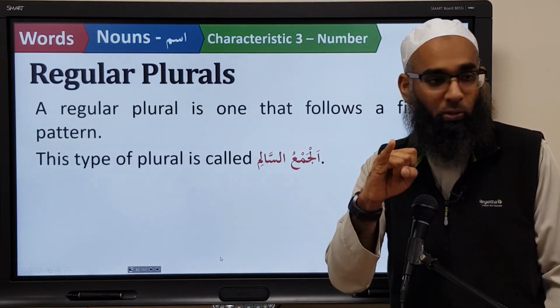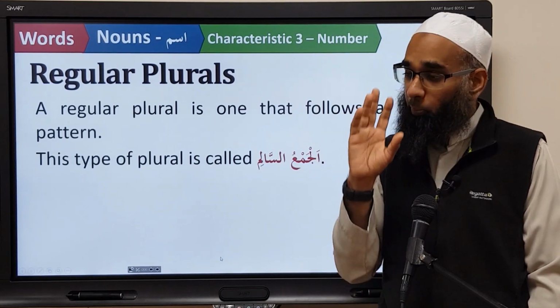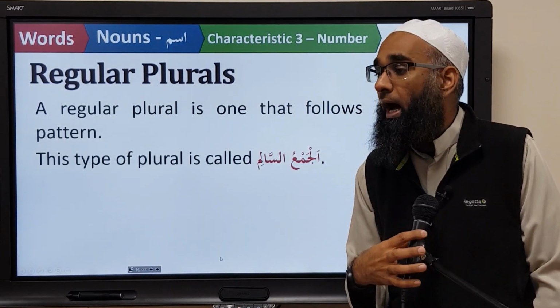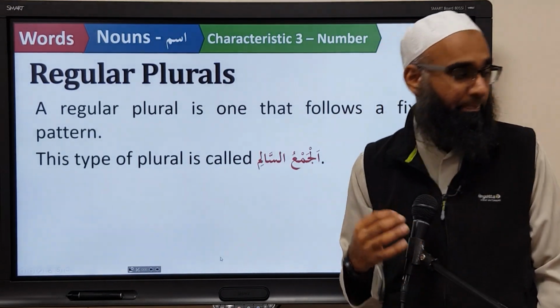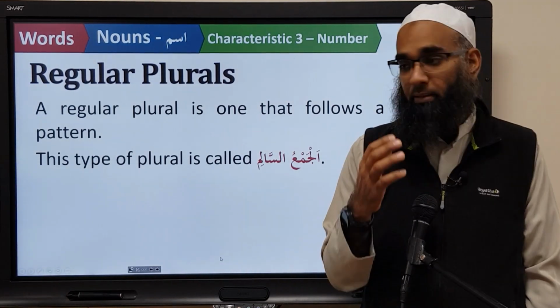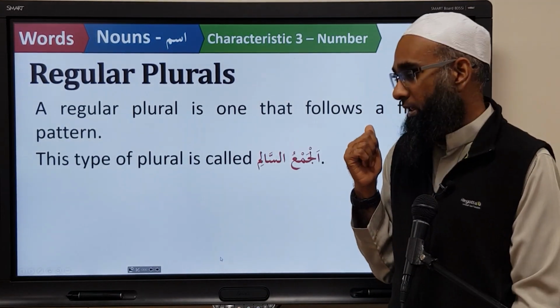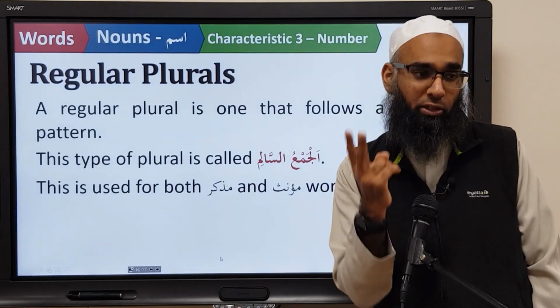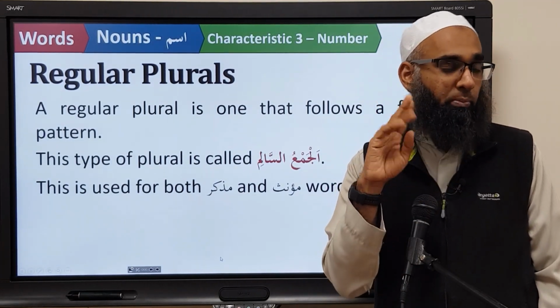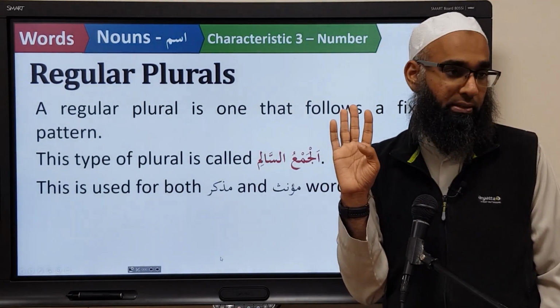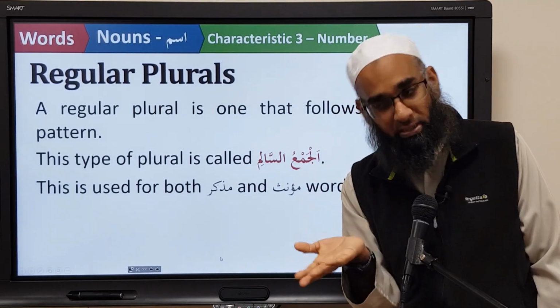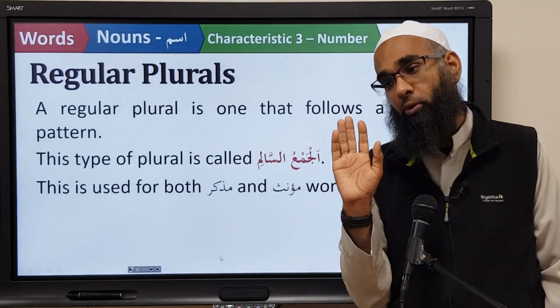So you have al-jam'u, it's for any plural. But the plural that follows a rule is called al-jam'u salim. And they are used for both masculine and feminine words, for mudhakkar and mu'annath. But both have a slightly different rule.